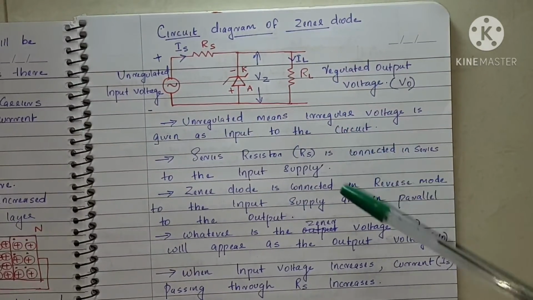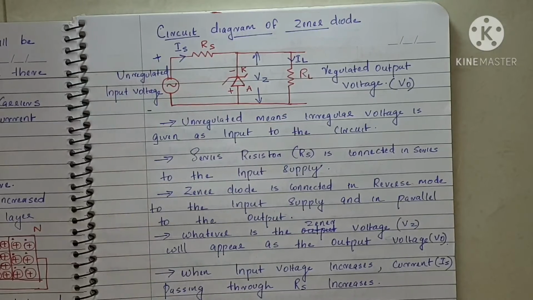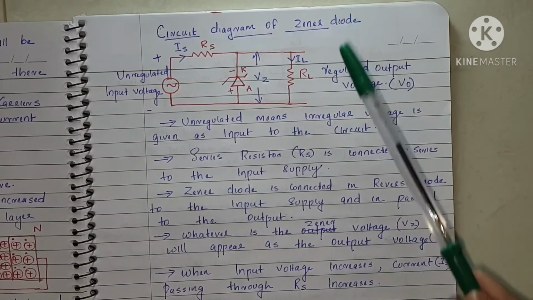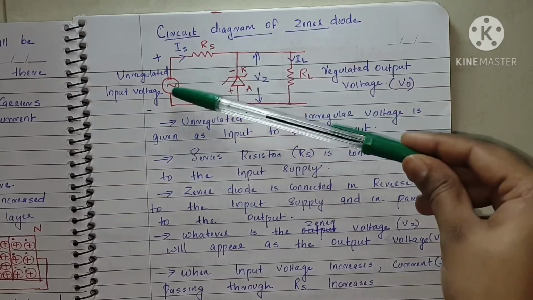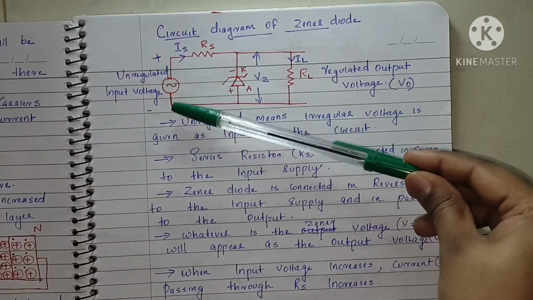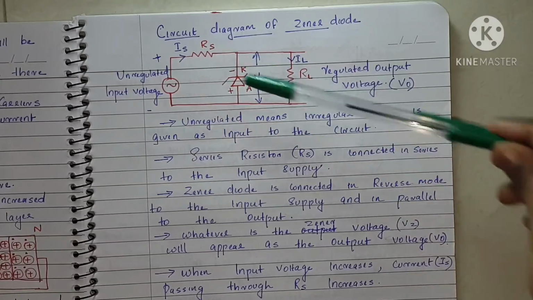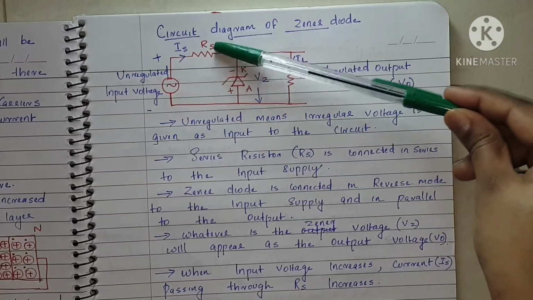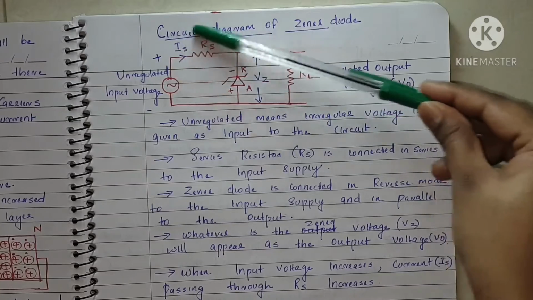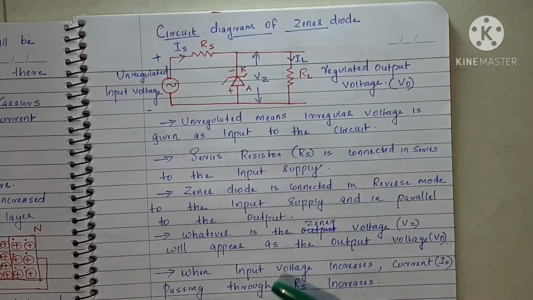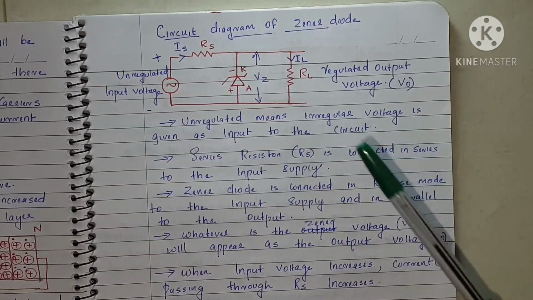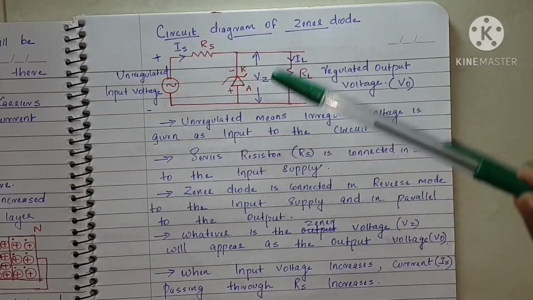Whenever the input voltage increases, the current flowing through RS will also increase. That is, when the input supply increases, the current IS increases, thus the voltage drop across resistor RS increases. Voltage drop is nothing but IS into RS.